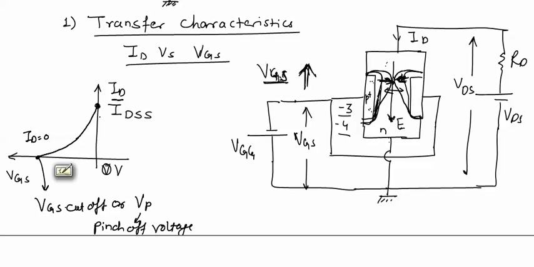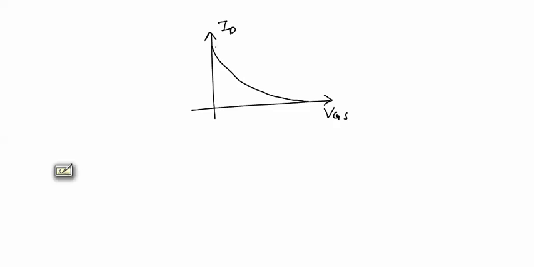These are the transfer characteristics of N channel JFET. There will be similar characteristics for P channel JFET. For P channel JFET, the characteristics will be like this. We will apply positive VGS in order to make gate to source junction reverse biased.